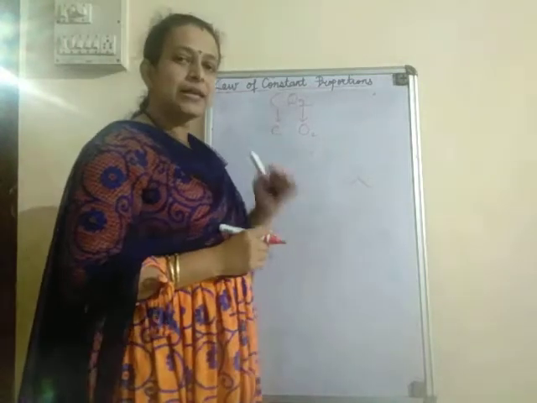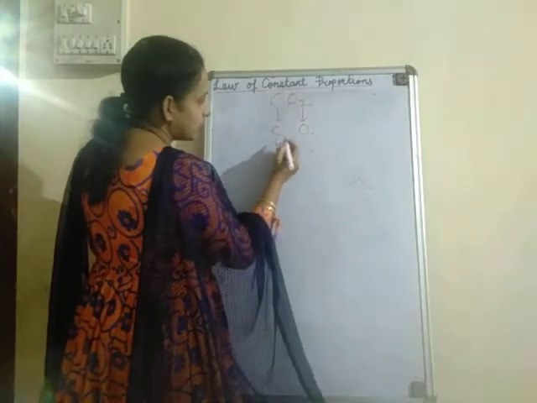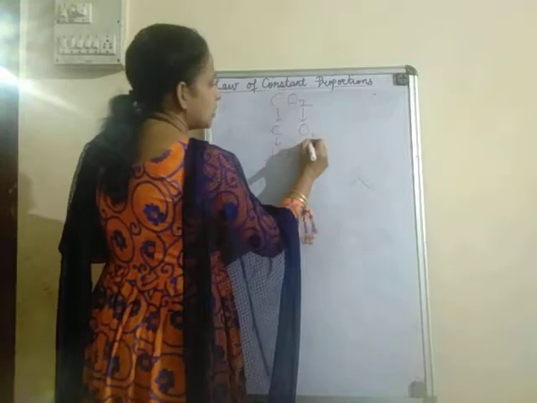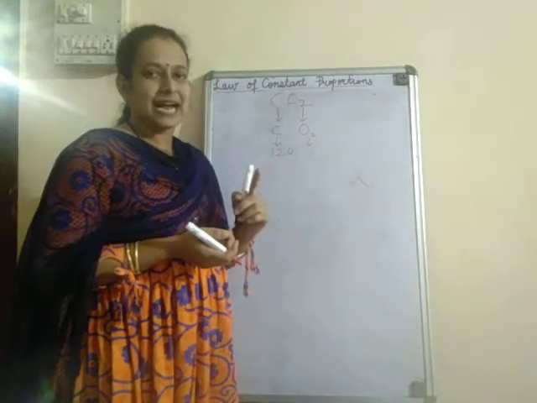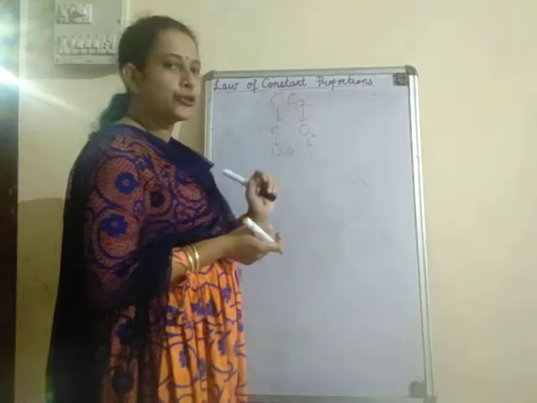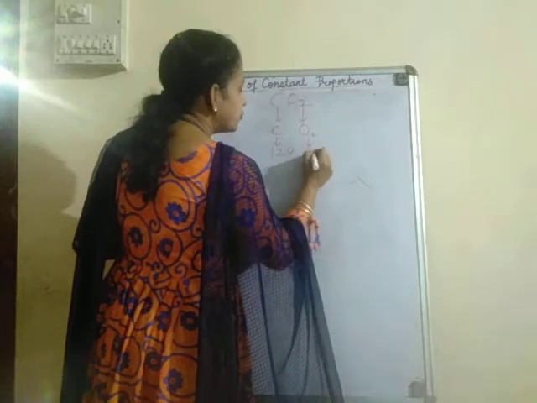So the total mass of carbon becomes equal to 12, correct? 6 plus 6 is equal to 12 units. Whereas that of oxygen atom, we have already known now that one oxygen atom consists of 16 units.